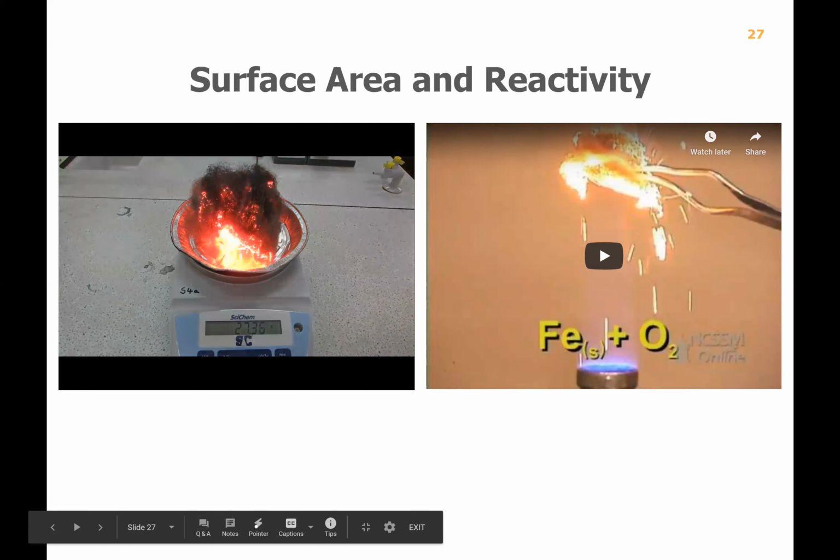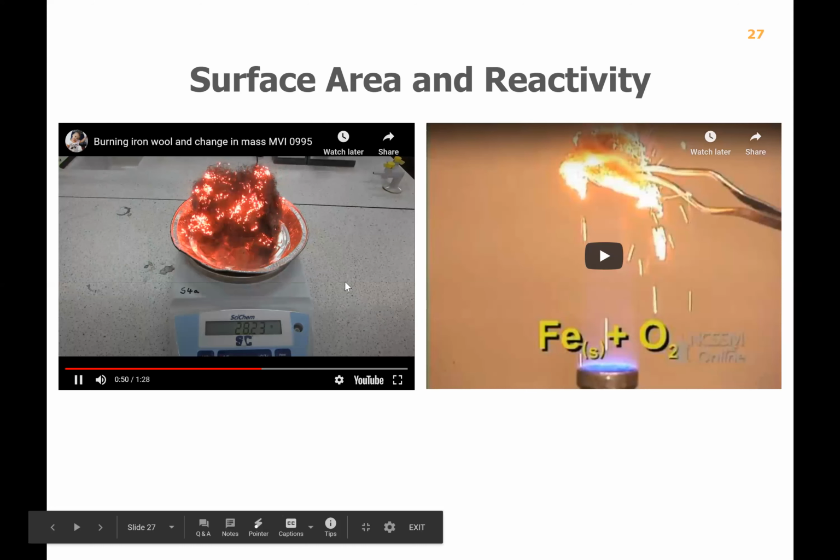This doesn't have anything to do with nanotechnology, but you'd expect the mass to decrease when things burn. But actually the mass increases, and in chemistry, when we get there, we'll find out why. But yeah, high surface area is much more reactive than the metal bar here, which has a low surface area comparatively.